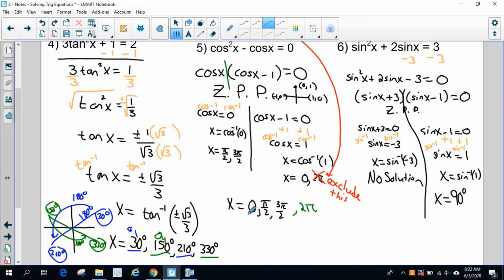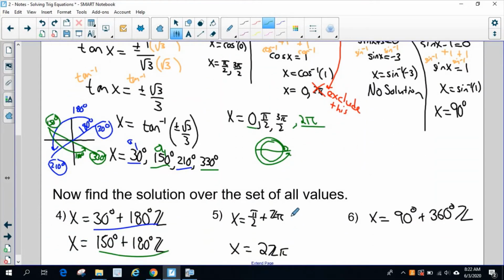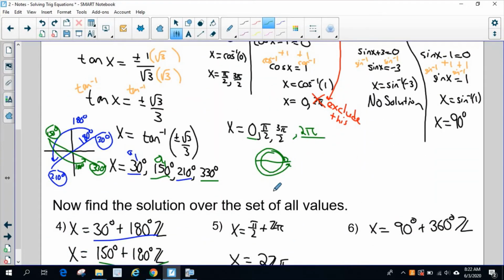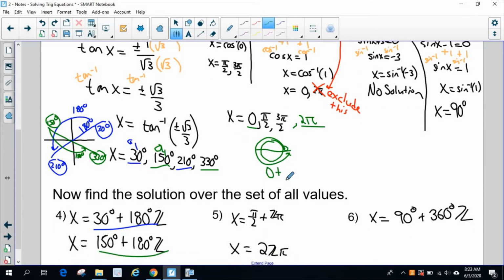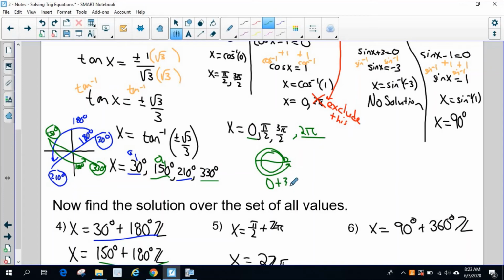So if I think about this first answer, these two things are connected by a separation of 360 degrees, right? So the first one's here at 0, and then 360 degrees back around, I have 2 pi. So one way to write it would be 0 plus 360.